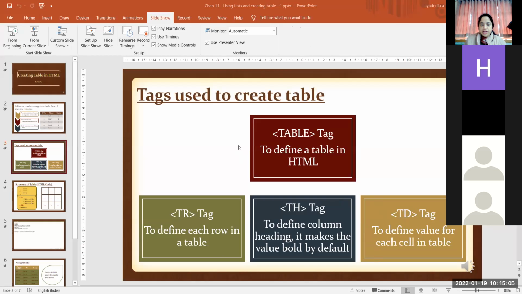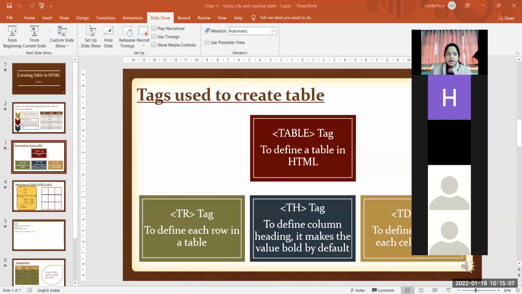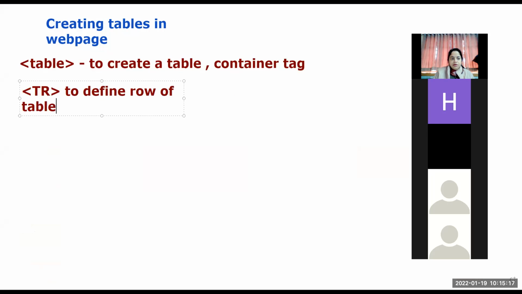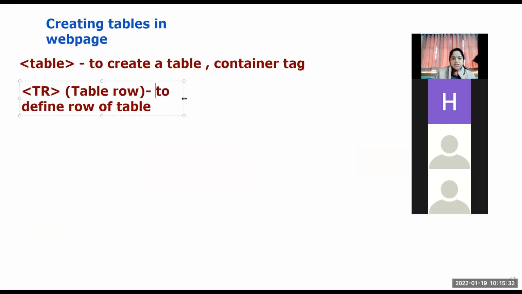First tag that you will need is the table tag. Then you will need the tr tag to define the row of a table. Full form of tr is table row, and it is used to define the rows of a table.